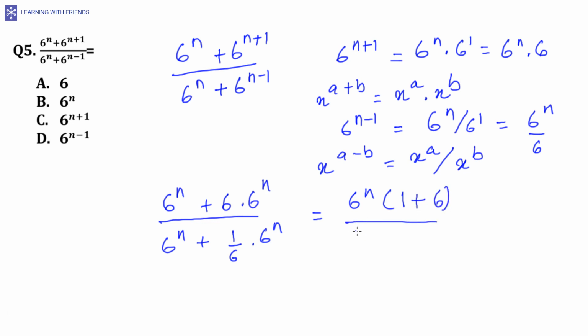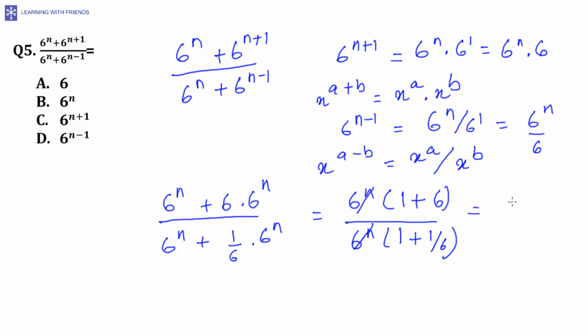And you can take 6 to the power n common here and it becomes 1 plus 1 upon 6. And this 6 to the power n and 6 to the power n goes. Right? So the interesting thing is that we don't have n any longer. So even if I don't solve from this point, I know that my answer has to be A because that is the only answer which doesn't have n. Right? But we'll still solve it and get the right answer.